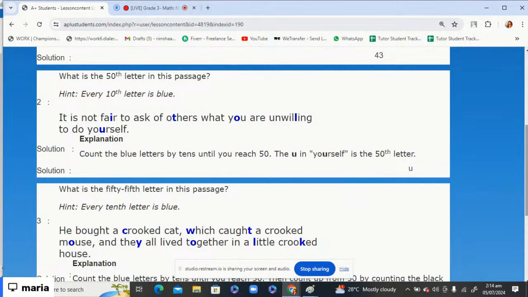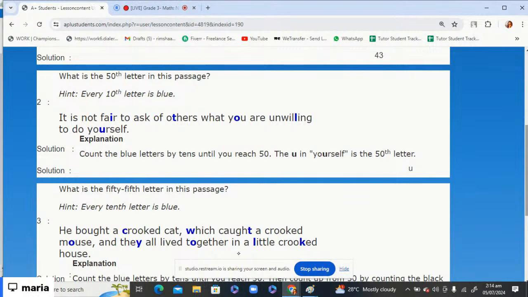It's ordinal, good. And every 10th letter is basically blue. We're going to find the 50th letter. So let's count. It's 10th, 20th, 30th, 40th, and 50th. This is basically the 50th letter in this passage that is blue, which is U.